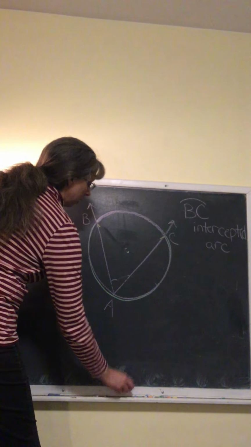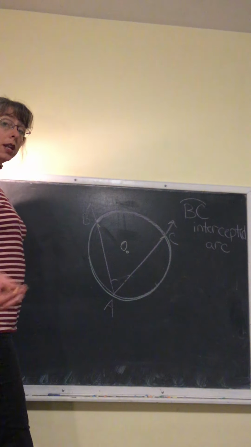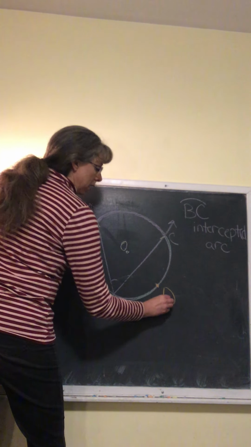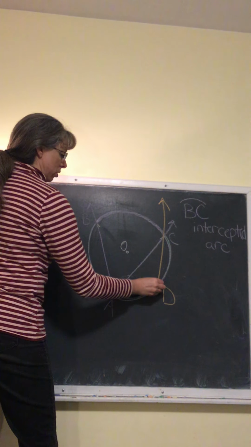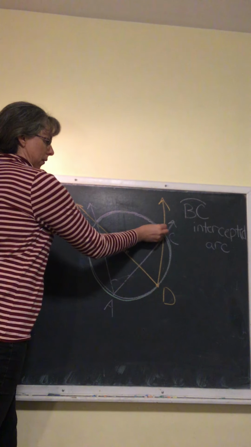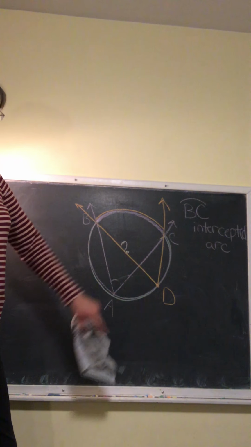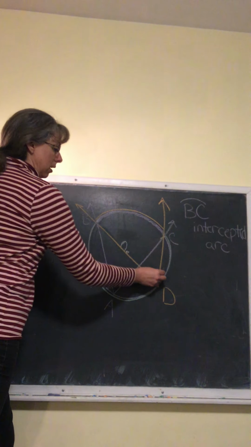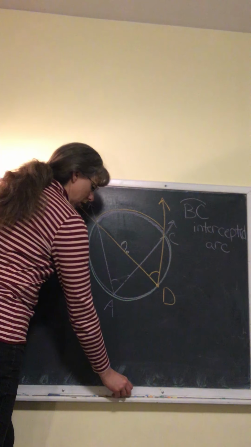Now, it's still point O here in the center, or circle O. If I choose another point on the circle, we'll call it D, but I intercept the same arc, arc BC, see that? Then the corollary tells us that angle D is the same size as angle A. That could be convenient or helpful sometimes.